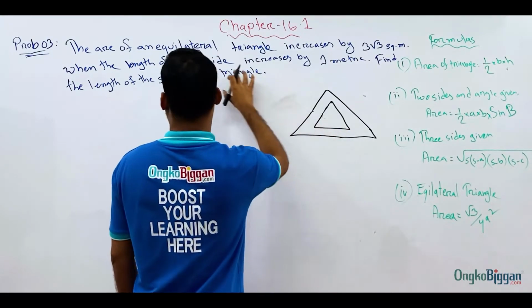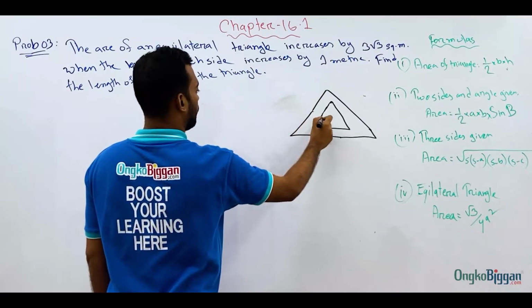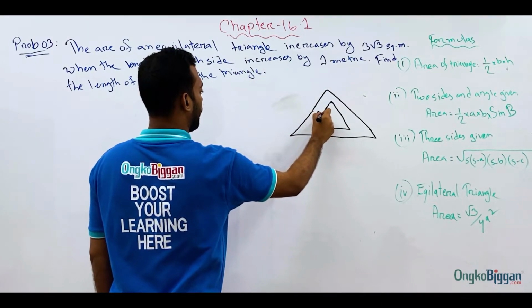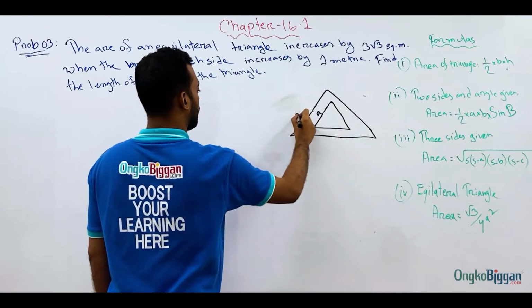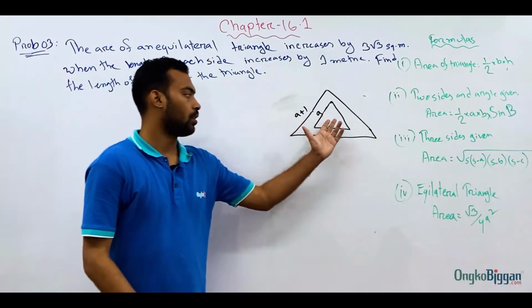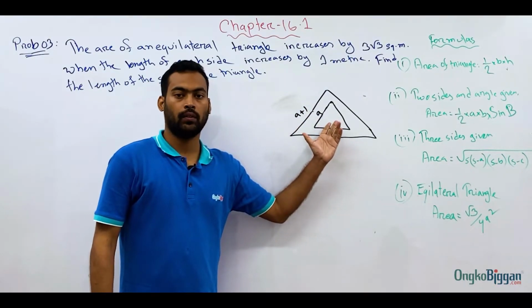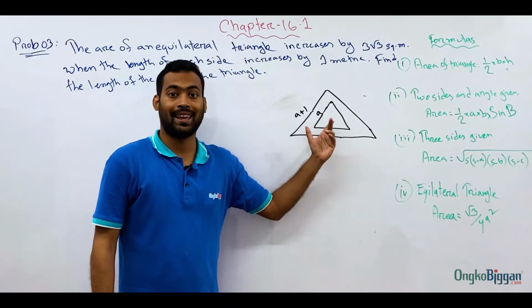That means when the length of each side increases by 1. So if the length of this triangle is A, the inner one, the outer one should be A plus 1. Simple logic. Just consider each side of this equilateral triangle, which is inside, as A.